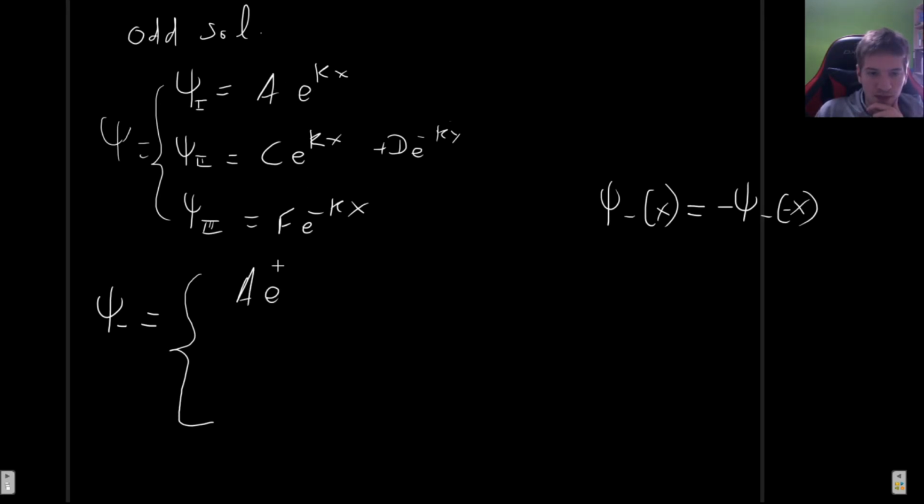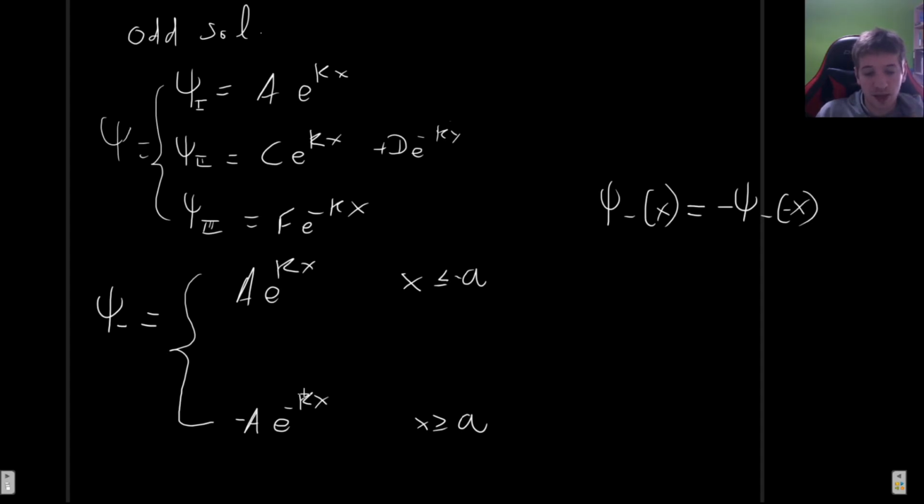we can leave this first one be. That's for x less or equal to minus a. But the third region now has to be minus a e to the minus kx. This is for x greater or equal to a. Because if, for example, let's say that a is 2, then if we take 3 and minus 3, which means that we're going to be in regions 1 and 3, here we're going to get a e to the minus 3k, and here we're going to have minus a e to the minus 3k.